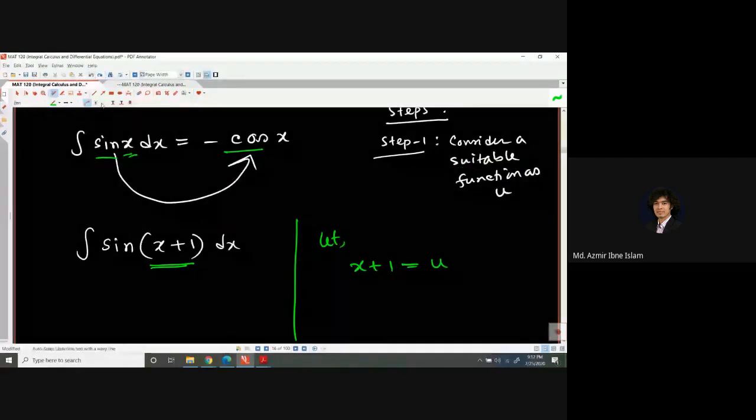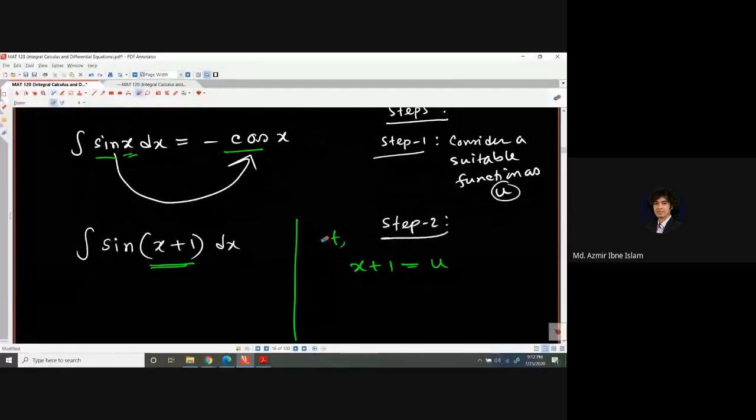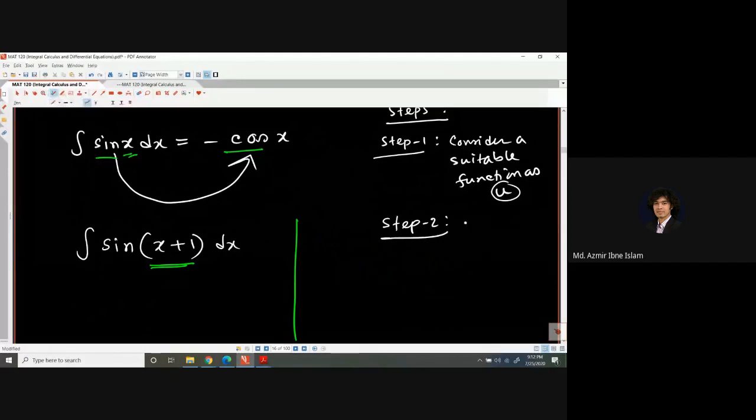So once we have considered a function as u, then in the second step, we have to differentiate both sides with respect to the independent variable.